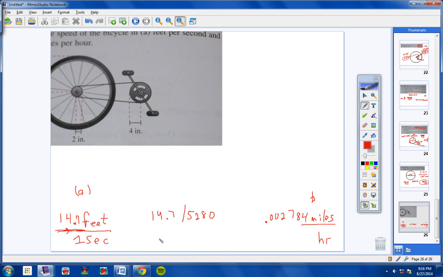Okay, and now we're going to take the seconds and convert them over to hours. So if I take 1 second, now watch this, guys. We know that 1 minute equals 60 seconds. So if I have 1 second, then that's the same thing as 1/60th of a minute. Okay, so 1 second is 1/60th of a minute, and then we know that 1 hour has 60 minutes.